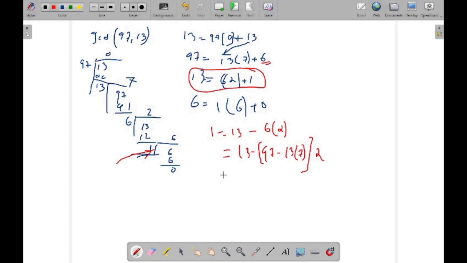This is equal to 13 minus 2 into 97 plus 13 into 14.